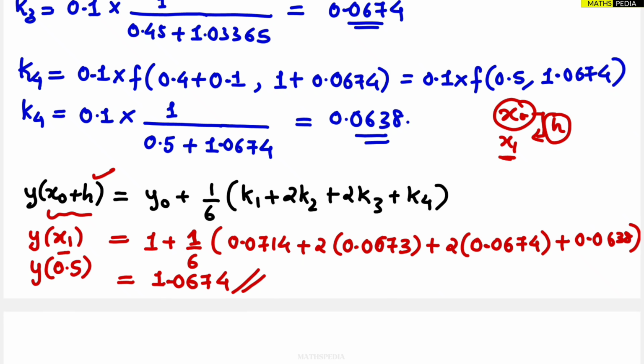So the basic meaning of this is that y of 0.5 is equal to this value. That means at x1 equal to 0.5, my y1 value is equal to 1.0674. Okay.